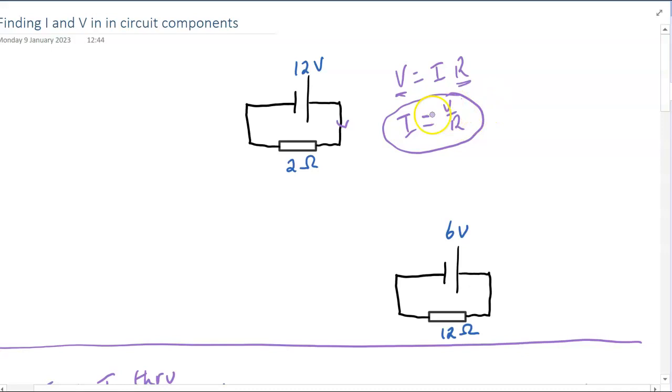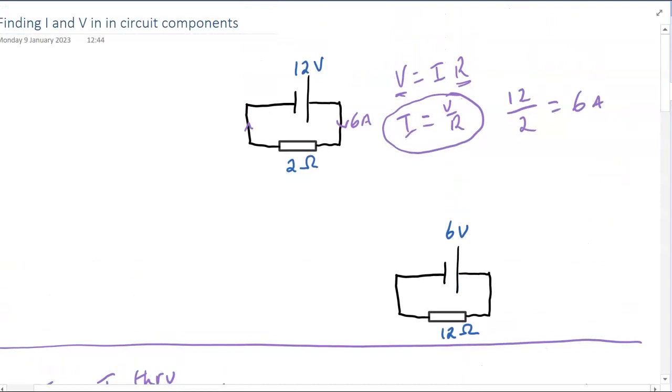The current then is the voltage, 12 volts, divided by the resistance of the whole circuit. There is only one resistor here, it's 2, and that gives you 6. Because you're looking for current, it's 6 amps. So there is 6 amps flowing here, 6 amps through that, and 6 amps out the other side and back around.